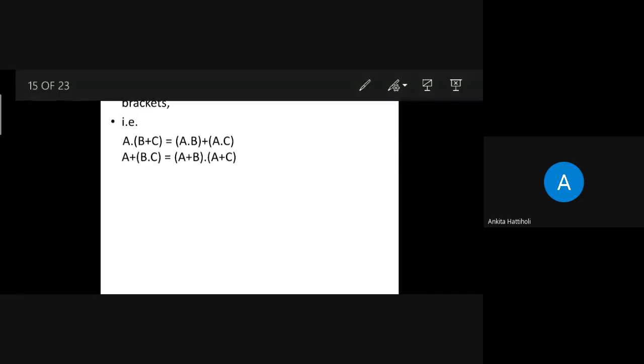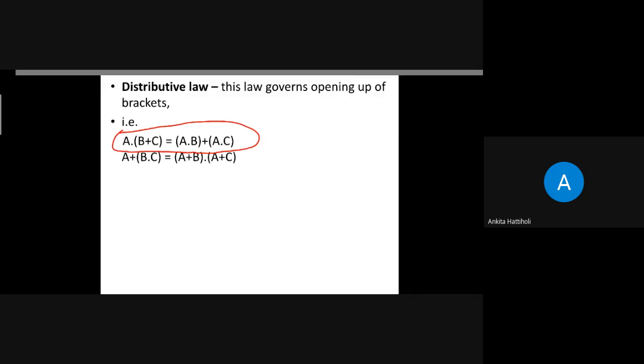It means what? See, A dot (B plus C) is equal to A dot B plus A dot C. So you can read the statement once again. This law governs opening of brackets.